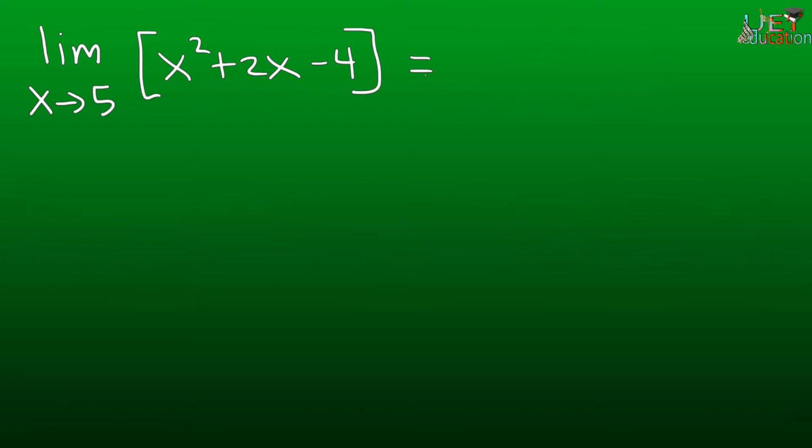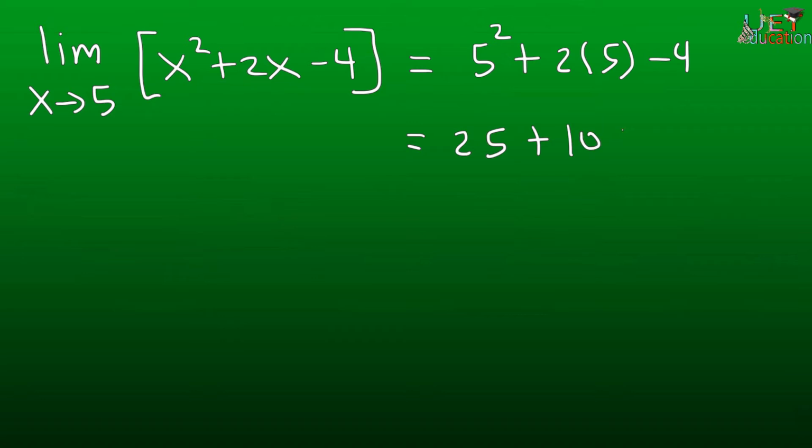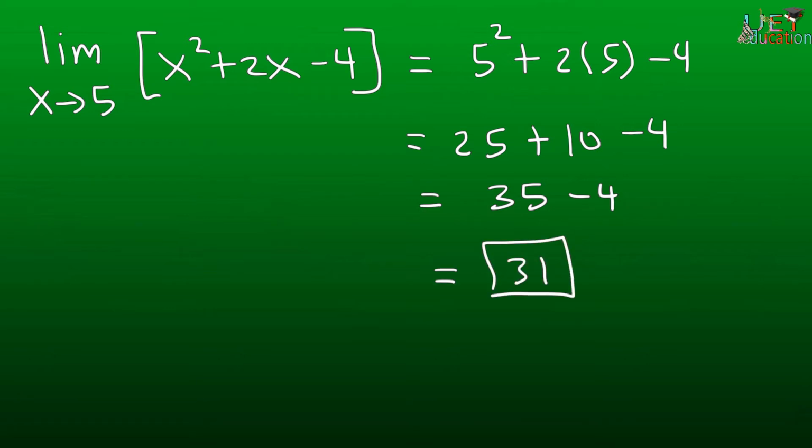All you've got to do is plug in 5. So it's going to be 5 squared plus 2 times 5 minus 4. That's 25 plus 10 minus 4. And 25 plus 10 is 35. So the limit is going to be 31. And so that's it for that example.